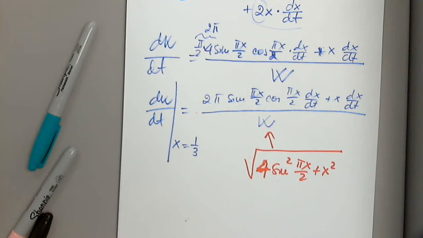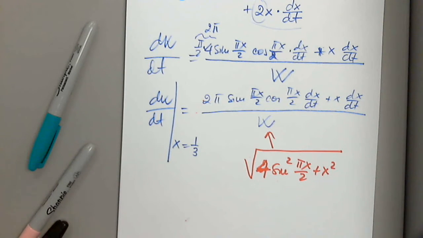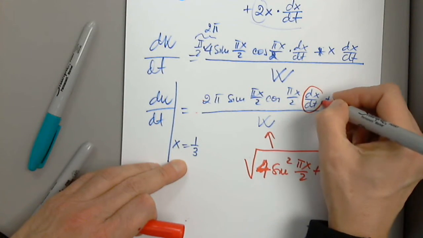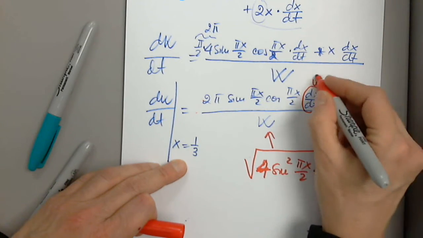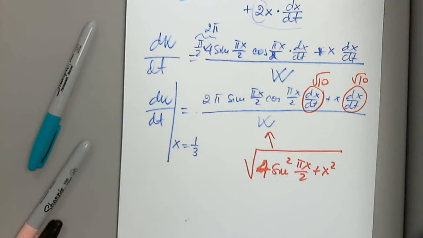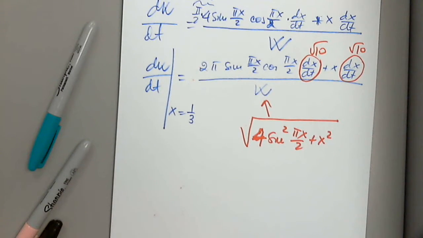Let's see if we have everything we need. Yes, we do. X is 1/3. How much is dx over dt? It was given to us. Yes, the square root of 10. And that's all we need to do. Plug them all in and get the final answer.